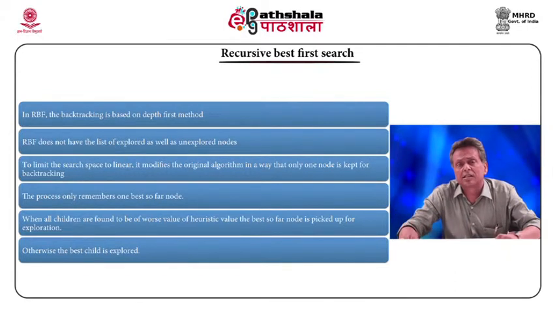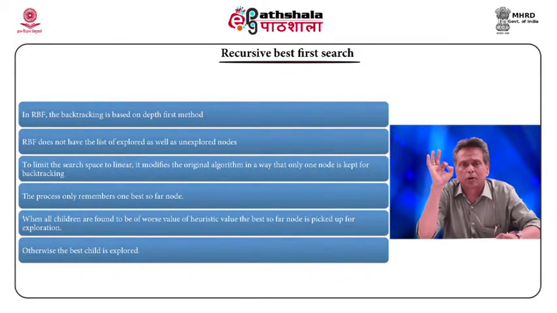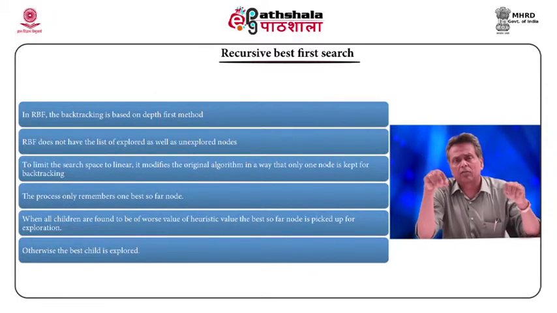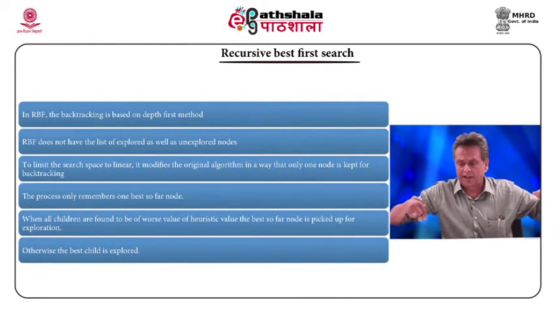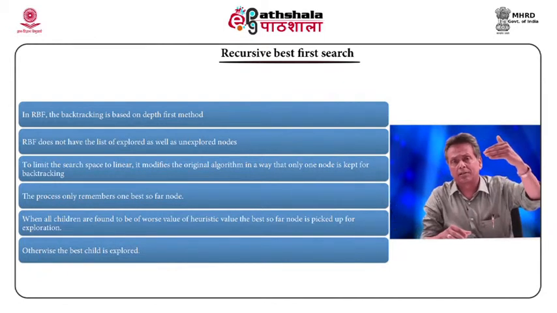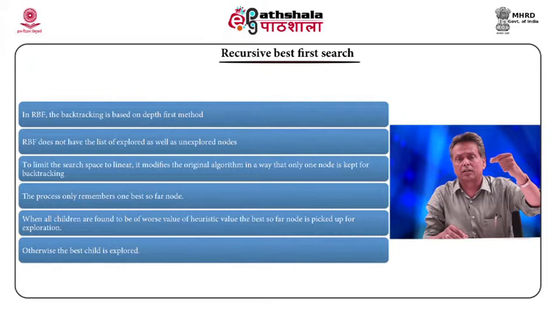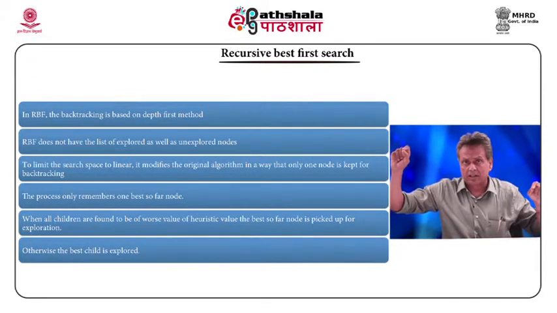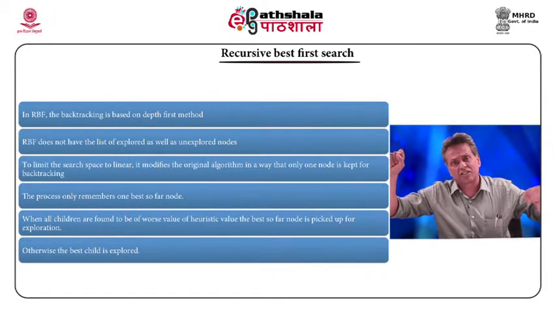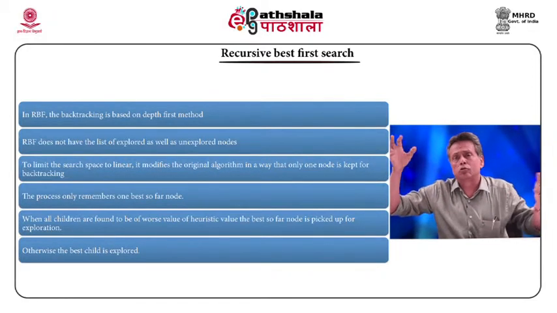In this case, the recursive best first search, we don't do that. What we do is we only keep the best unexplored node, and we'll only explore that. Whenever I'm exploring my children and I find that no child is better than the parent, what you do is you pick up the best so far. When you pick it up, the second best will be the best child, because you don't have any other node.